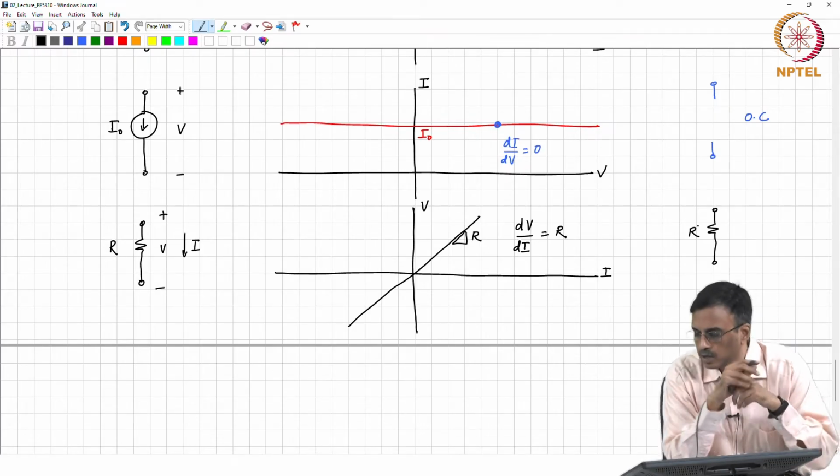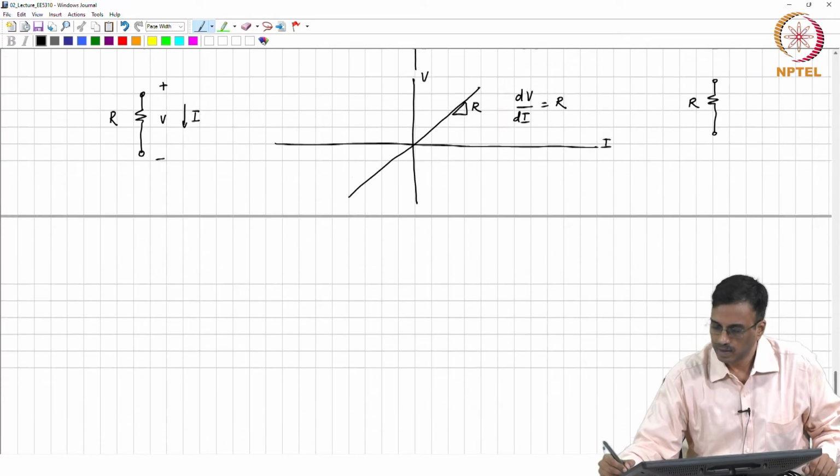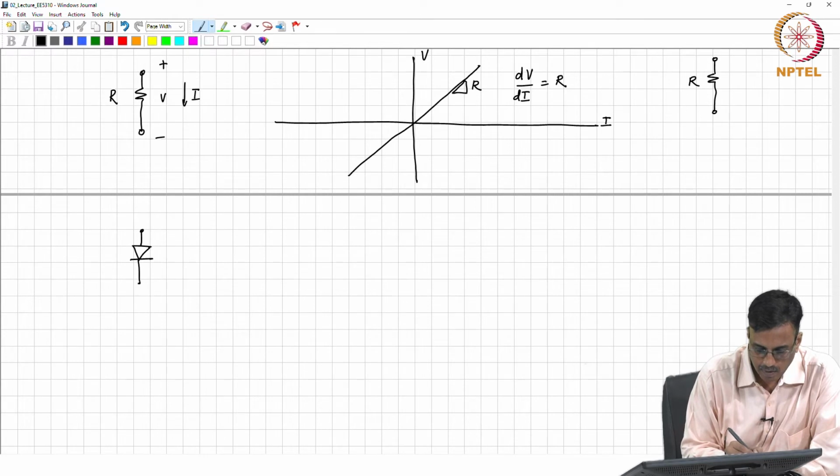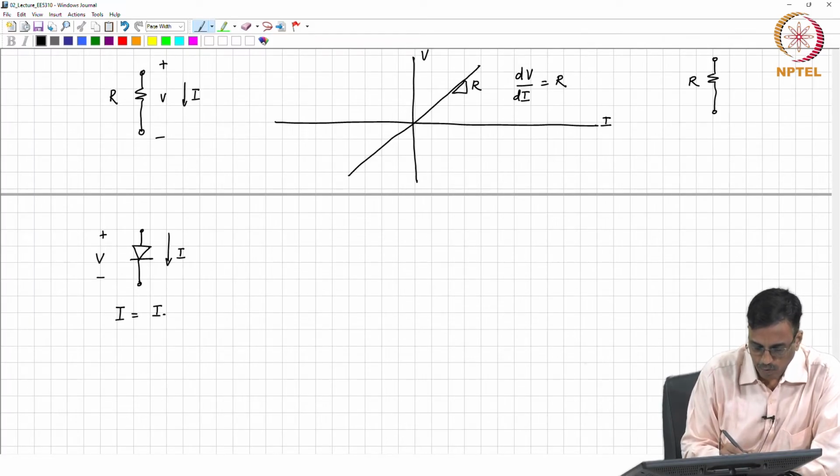All right. Now, the next thing I would like to do is let us do a diode in forward bias. So this is V, this is I, and as we have seen in the forward bias region, I is Is exponential V over Vt.